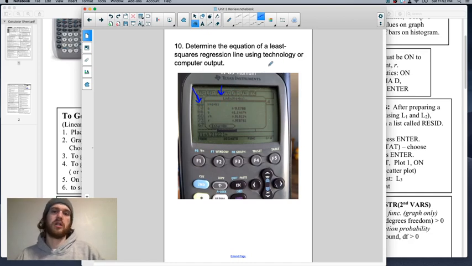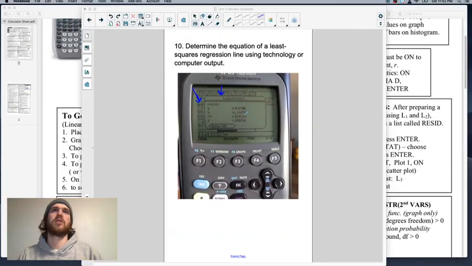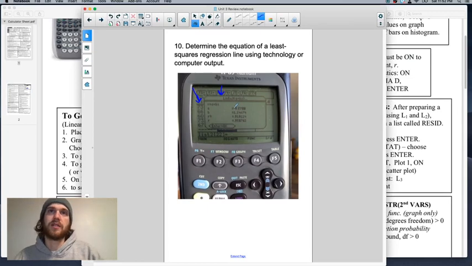So you enter it into lists, and then I think you have to go to the instructions for linear regression: stat, calc, and then you choose linreg, and you could use either of them. It doesn't matter which one you use. And then it's going to spit out, I entered the data from this, so same information that we had before that I got from other websites. It gives you R, and it gives you R squared. That is on our calculator sheet here if you want to try. So make sure you practice that.